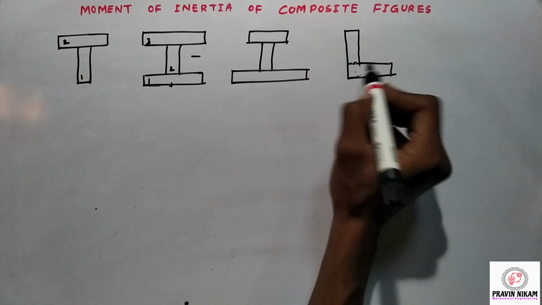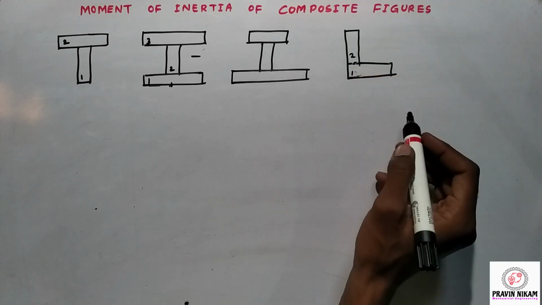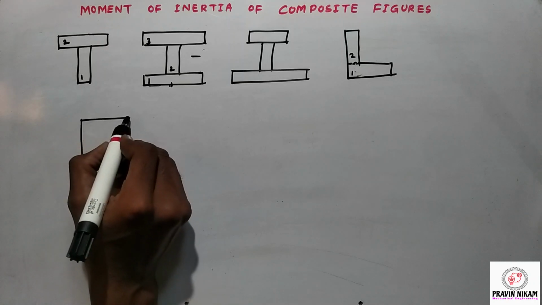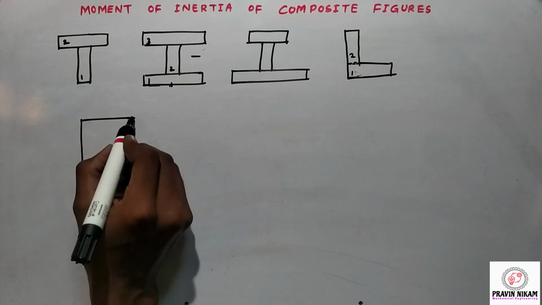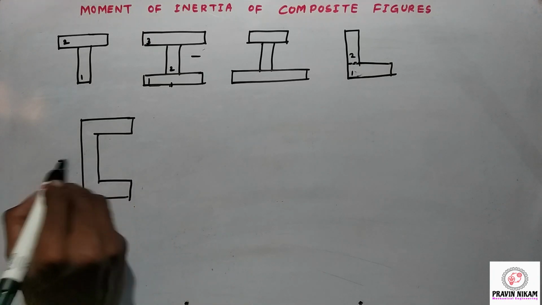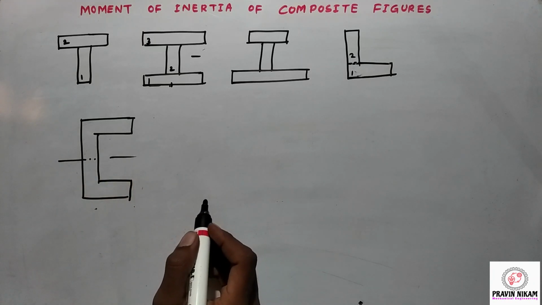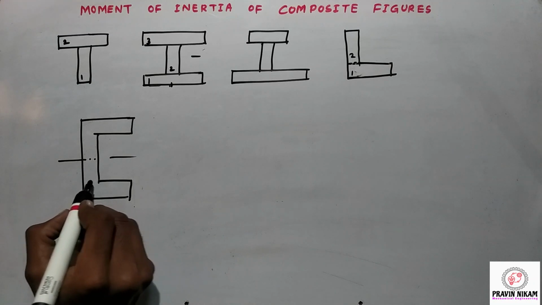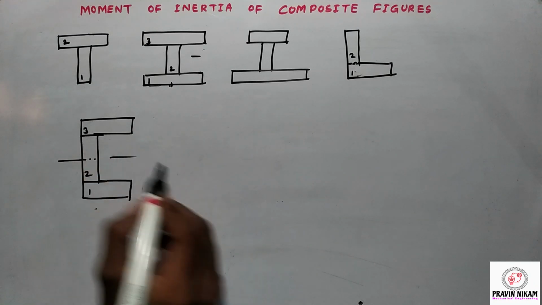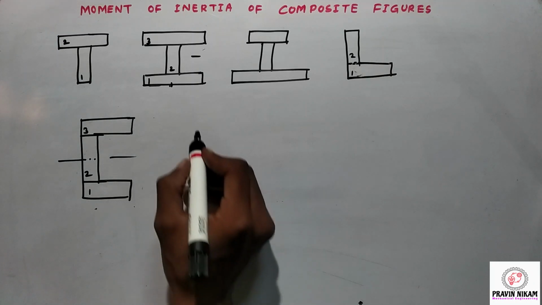So I like this. So this is 1, this is 2. Now there is also C section. It is symmetrical about x-axis. So split up this section like this. 1, 2, 3.